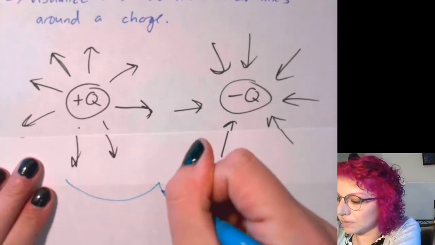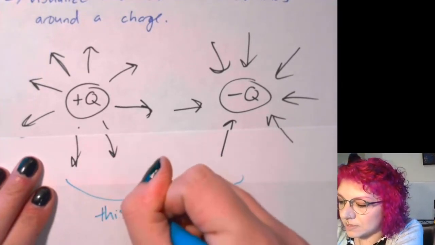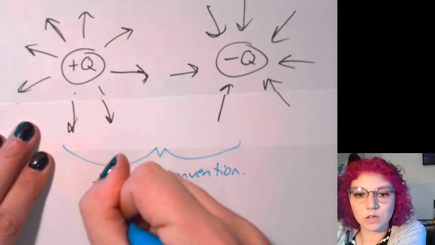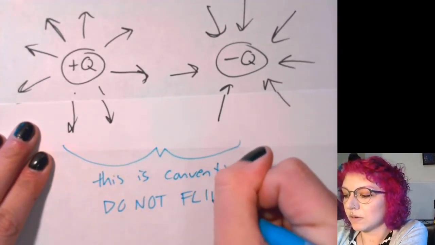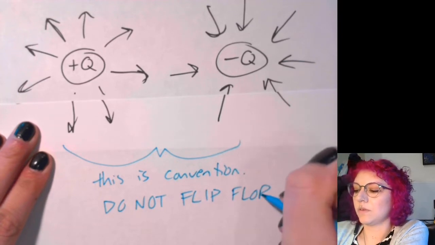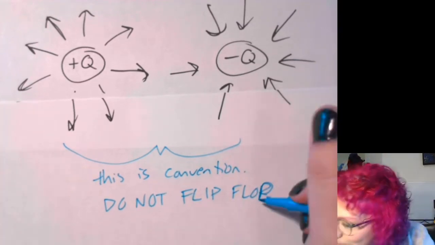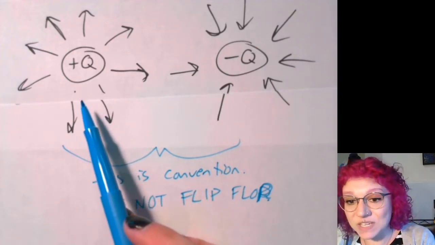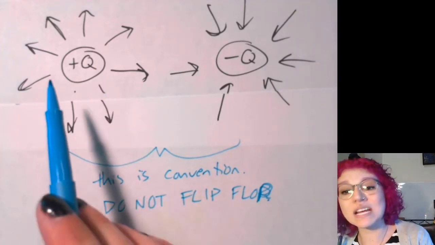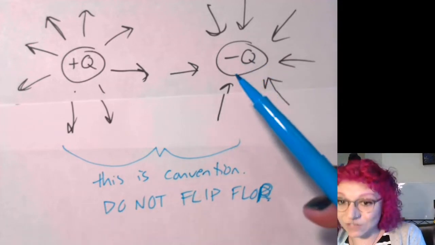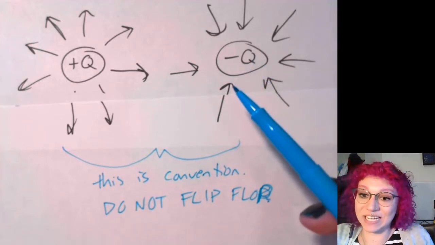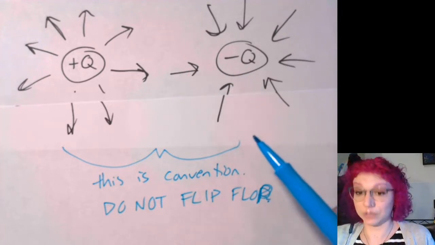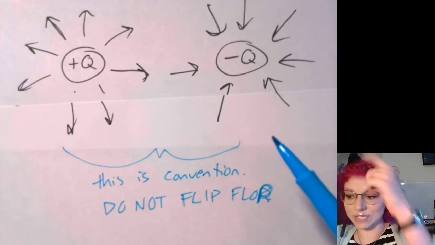So this is convention. Do not flip-flop. Positive charges always have the electric field lines radiating out from it, and negative charges always have the electric field lines coming in towards it. This is the convention. You cannot flip-flop them. So put this in your brain.